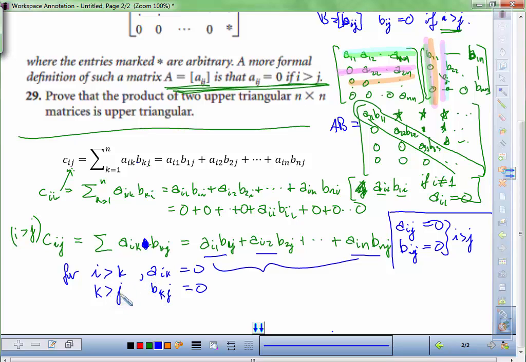So this is going to be true for all k, right? So i is bigger than k, which is bigger than j. That says that i bigger than j implies i is going to be bigger than some value k, which is bigger than some value j.